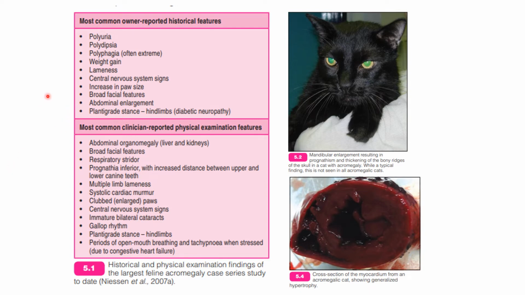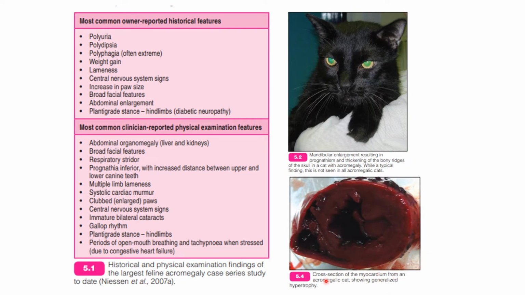So, other problems there. One occurrence or pathology of this is that the myocardium, again the muscle tissue or the cardiac muscles of the heart, becomes thickened, or there's generalized hypertrophy.